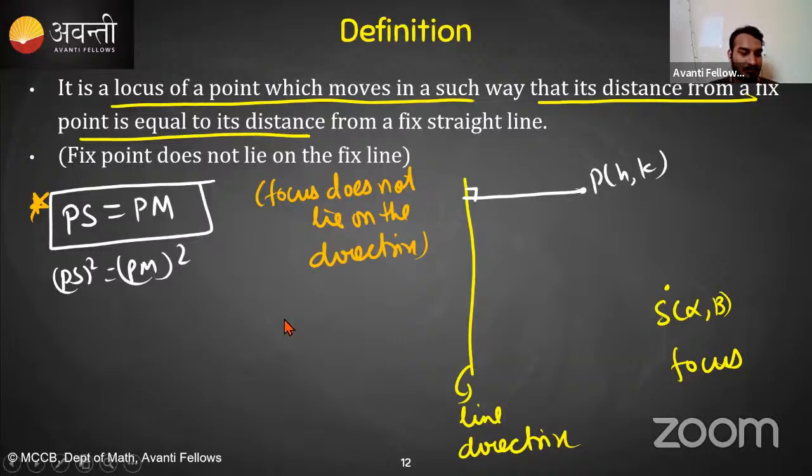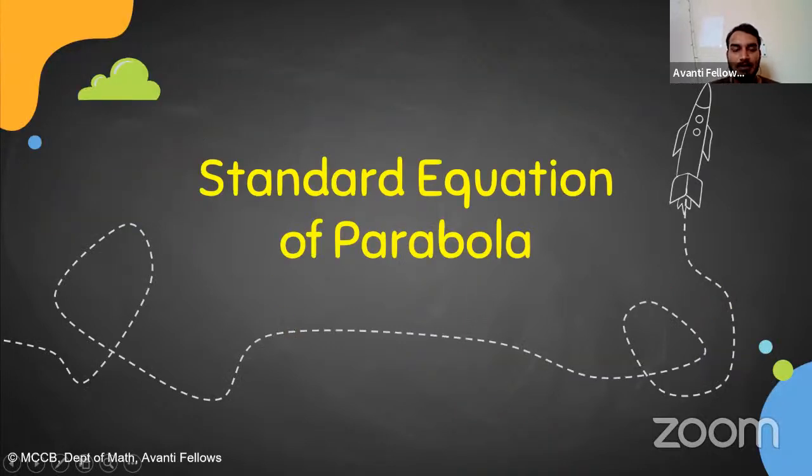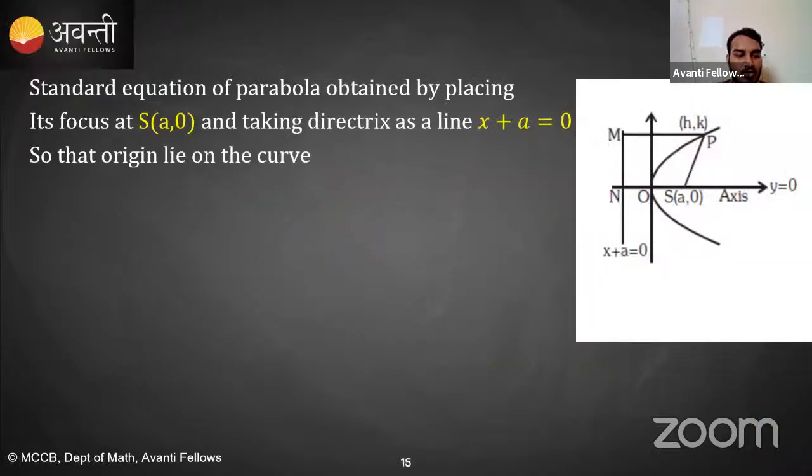Chalo. If it is clear, then let's talk about the standard equation of the parabola. So what is the standard equation of the parabola? For the standard equation, we take the focus a comma 0, we take the directrix as the line x plus a equal to 0, and we assume the origin is passing through the curve.